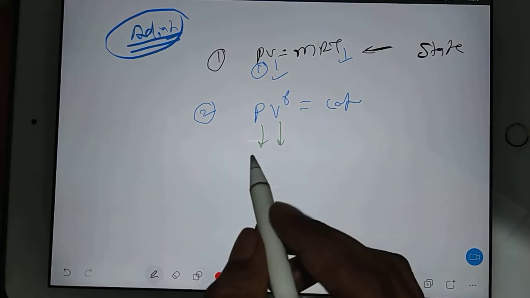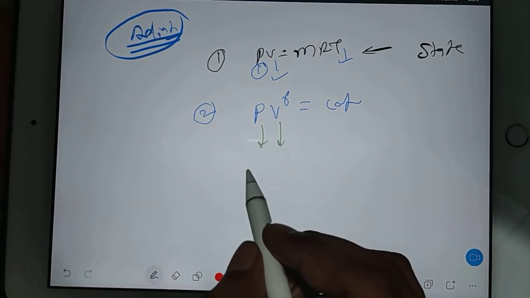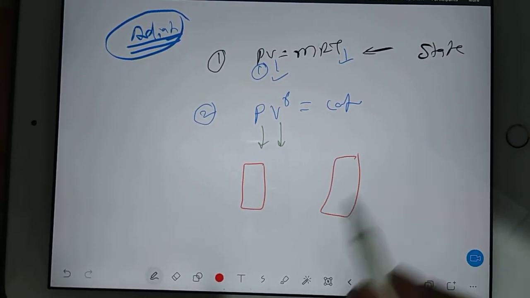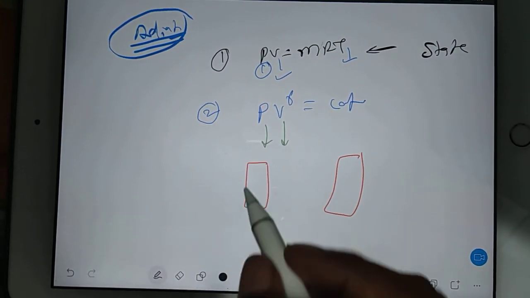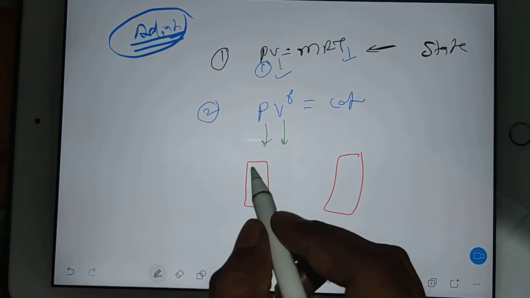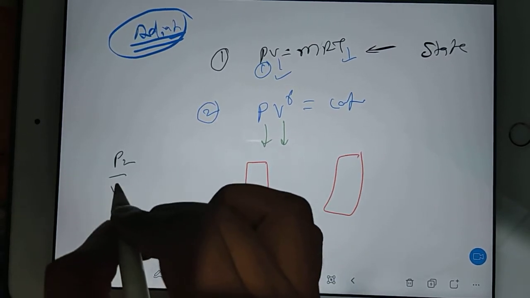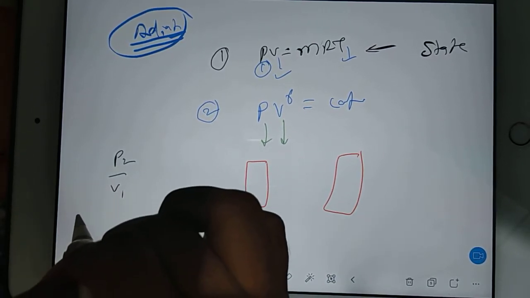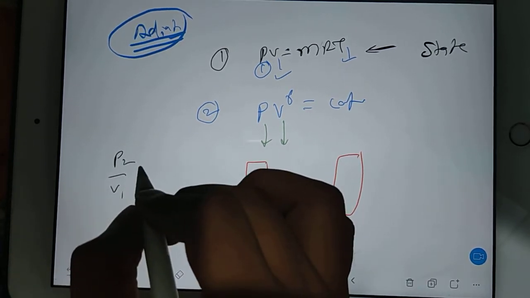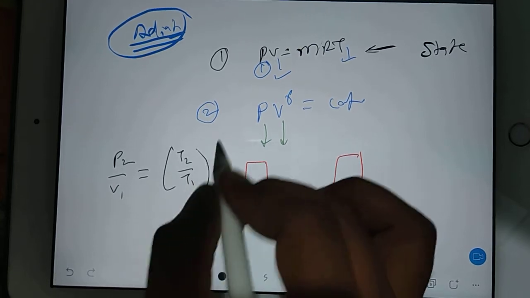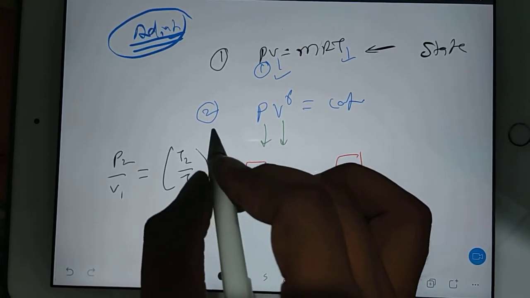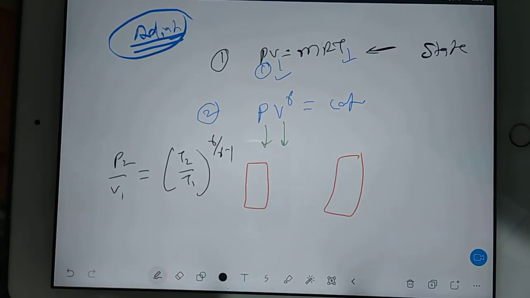So you have connections, right? From one state to another state you are going. So what kind of formula will you apply? If you have P2 by P1, that will be equal to T2 by T1 whole power gamma by gamma minus 1.